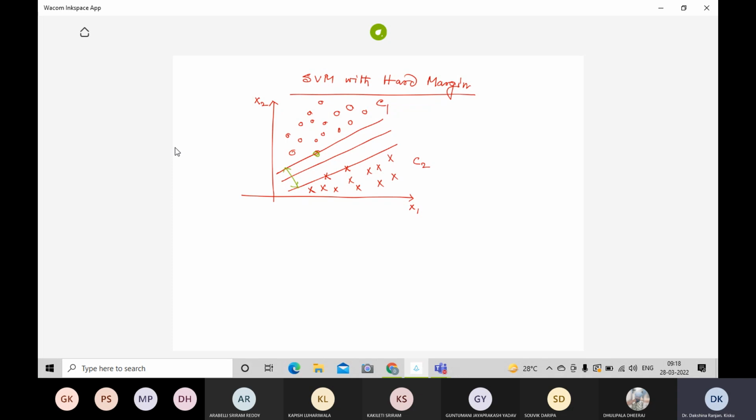Okay, so if we consider the margin which is used for class C1 and the margin which is used for class C2, they are maintaining the equal distance from the hyperplane. So this is the hyperplane.